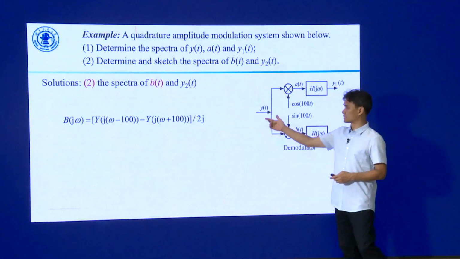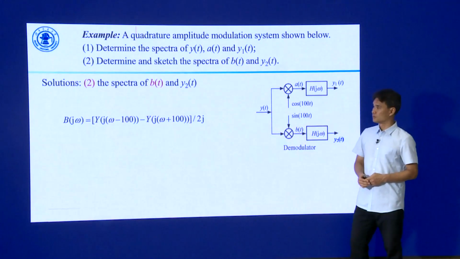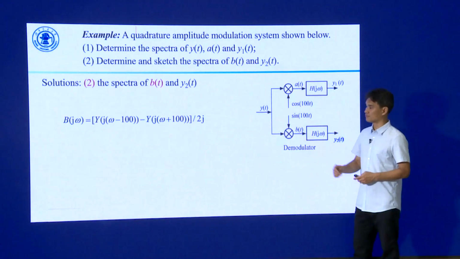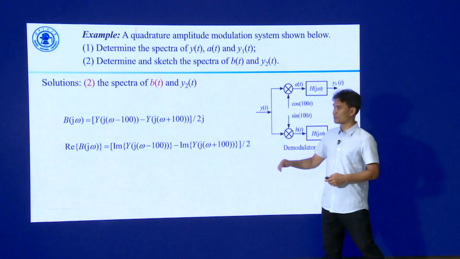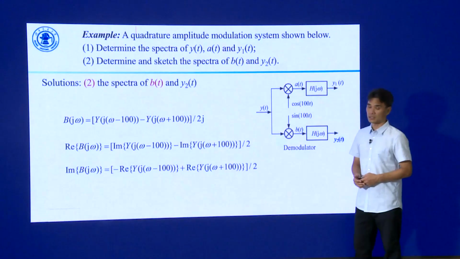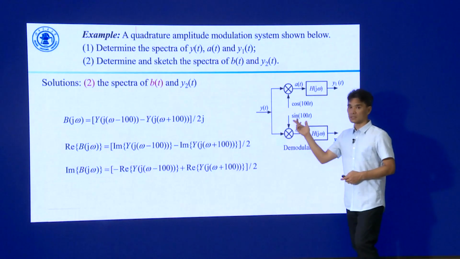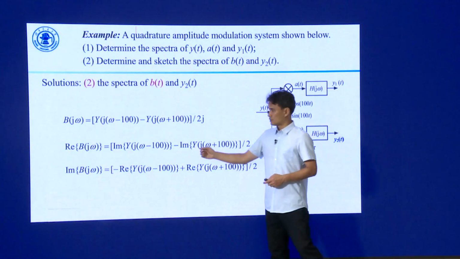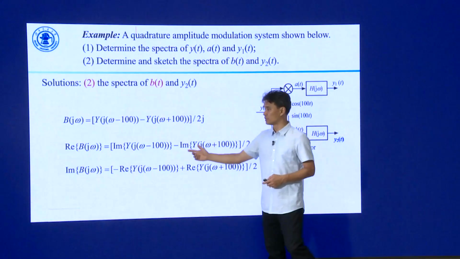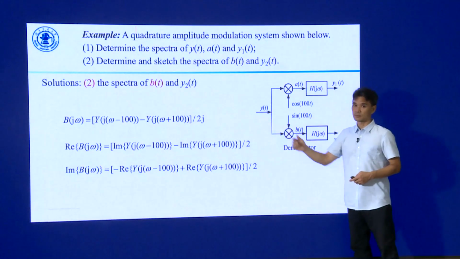Because the modulated signal is multiplied by a sine signal, this is the spectrum for B of t. Again, we need to separate the real part and the imaginary part and consider them separately. Due to the sine signal, the real part of B of t actually is related to the imaginary part of the modulated signal.